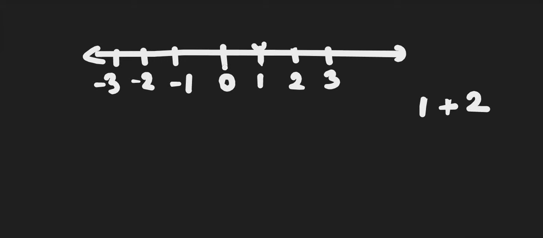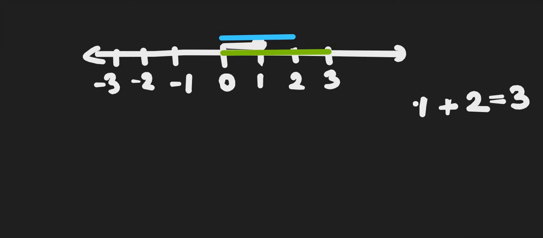Now we know 1 is here. If we add 2, 1 comprises here to here from 0 to 1 and 2 is 0 to 2. So if we combine these two, we can say 3 is equal to 0 to 3. Arithmetic operations can be expressed and explained using the number line.